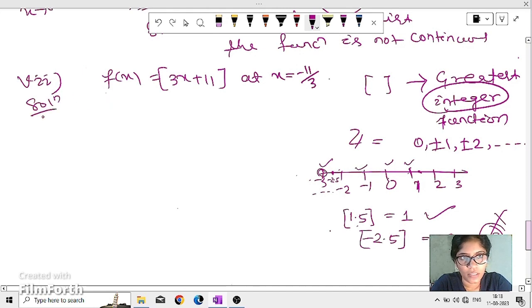Here in the solution, first we check the function at f of minus 11 by 3, which is 3 into minus 11 by 3 plus 11, which is equal to 0.